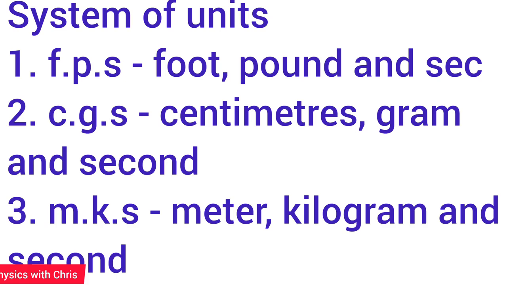Then we also have the CGS. CGS stands for centimeter, gram, and second. Centimeter for length, gram for mass, and second for time. Then we have the MKS based on meter, kilogram, and second. It's a system that uses meter as the unit for length, kilogram as the unit for mass, and second as the unit for time.